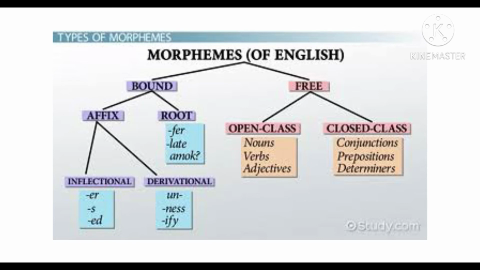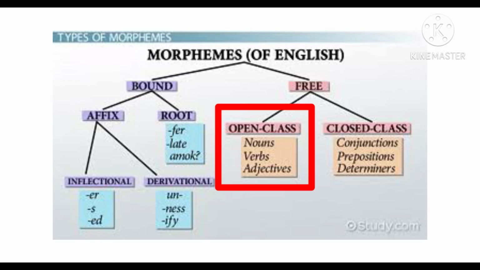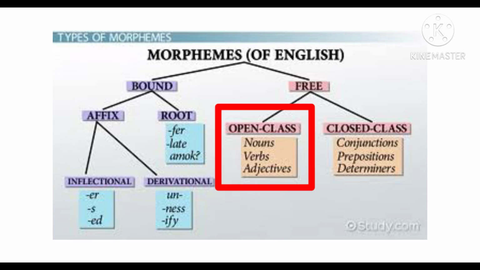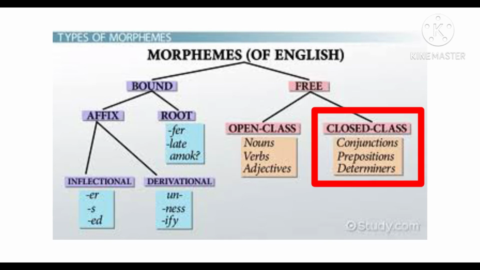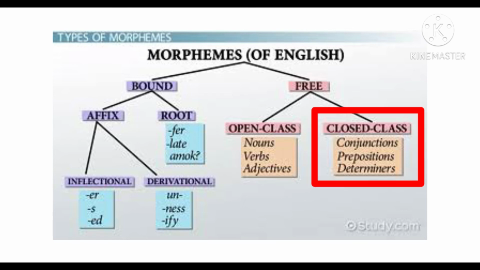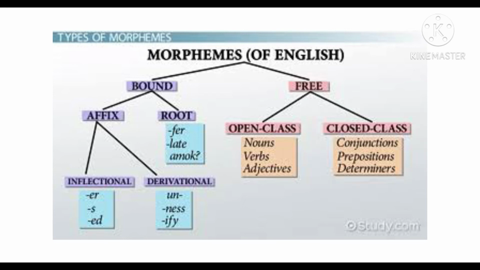Kinds of free morphemes. Open class, called content words. These morphemes give us meaning and content. And closed class, called function words. These morphemes have a job or function in a sentence.